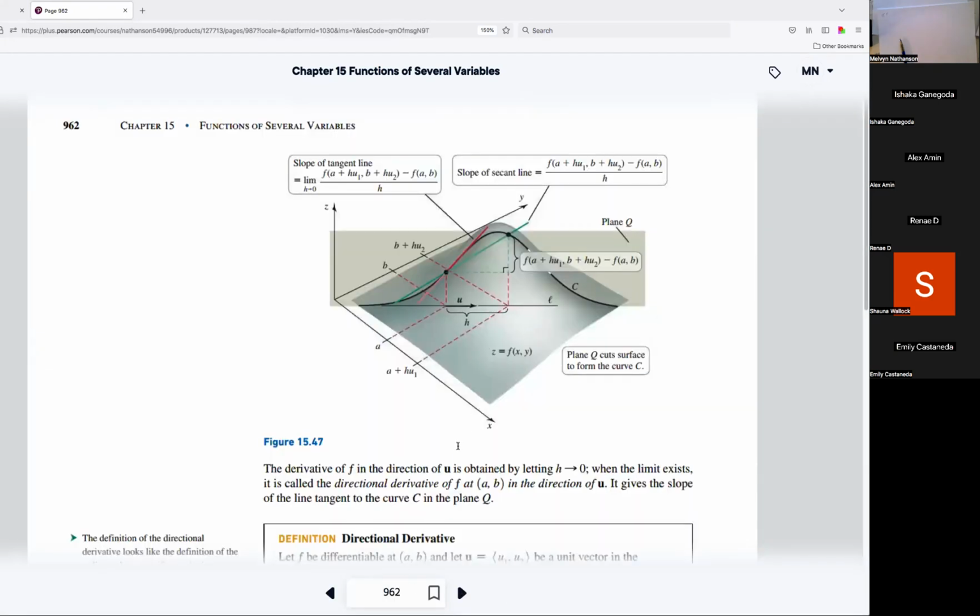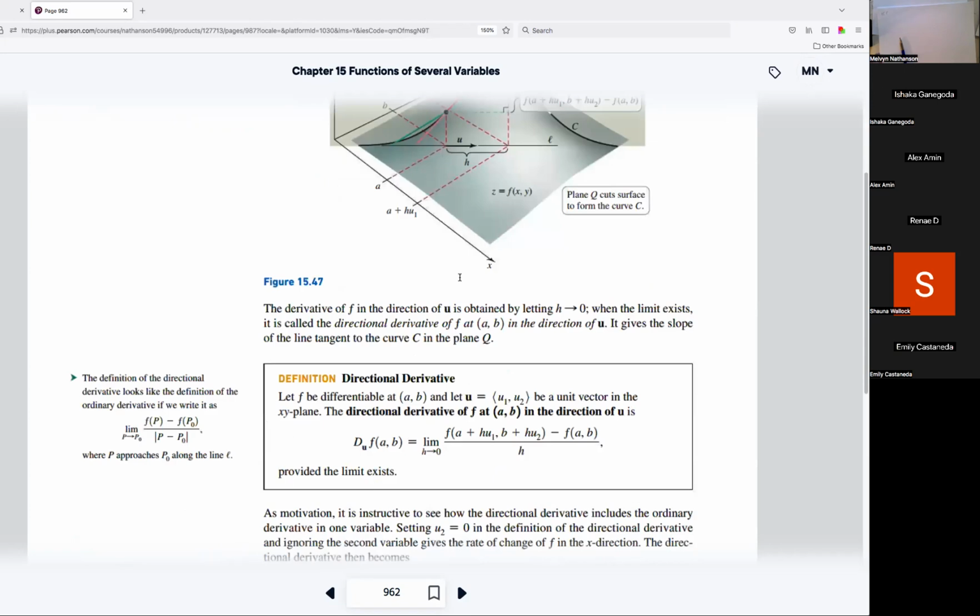And a kind of a picture is this. You have to stare at these things for a while. Here's the xy plane. Here is the point (a, b). Here's the direction u. On my surface, if I were to take a plane through the point (a, b) in the direction u perpendicular to the xy plane, it cuts out a curve on the surface, and that curve is a function of, let's say, some variable t, and I want to know what is the derivative of that.